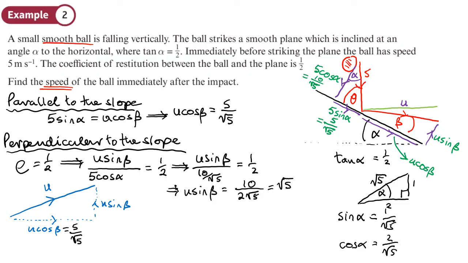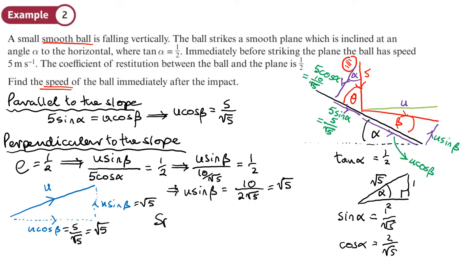And this 5 over root 5 simplifies to root 5 as well, by rationalising the denominator. So we've got this length is root 5.